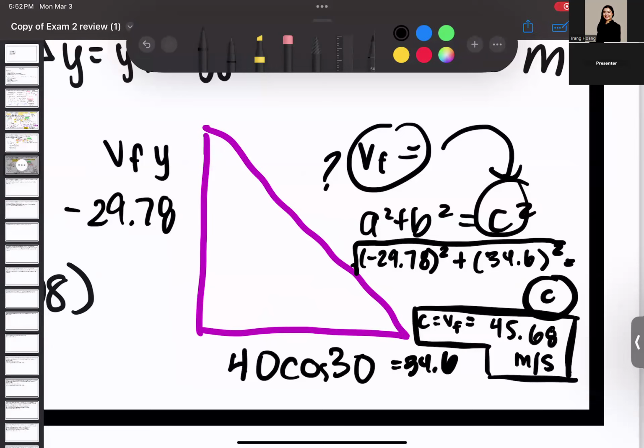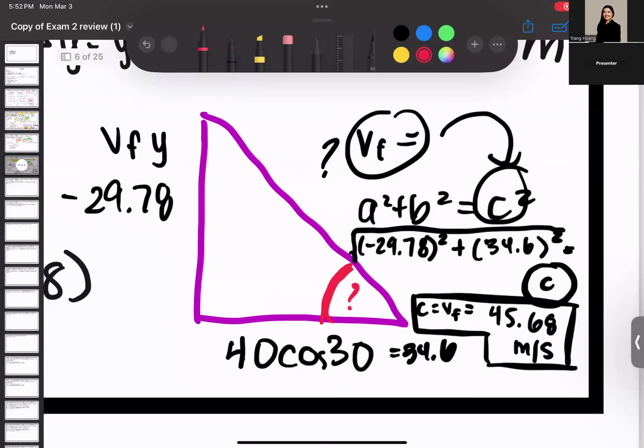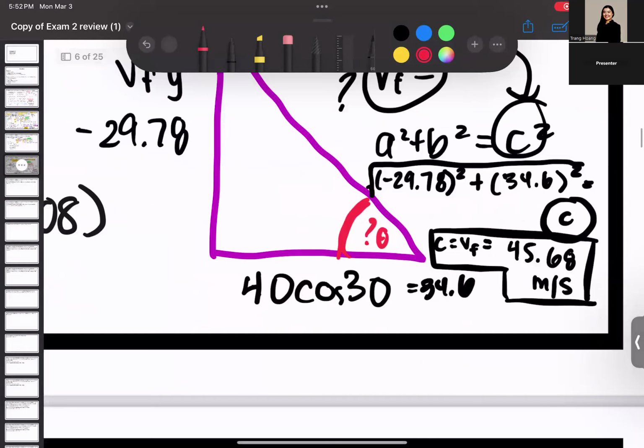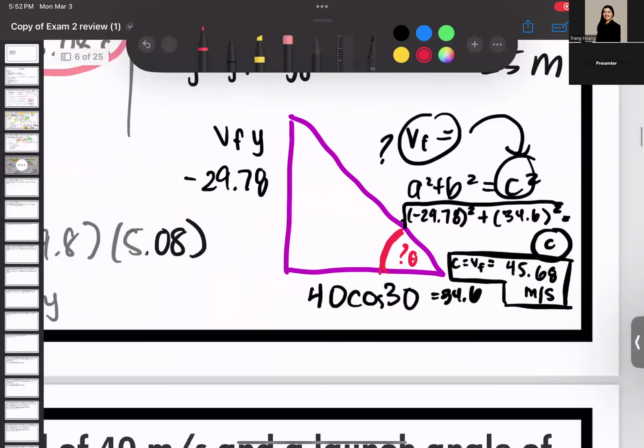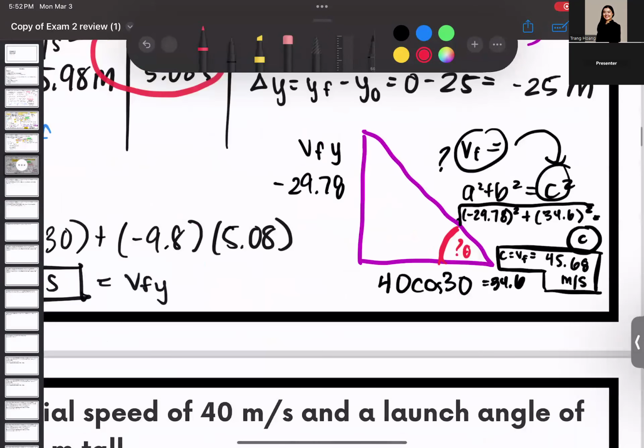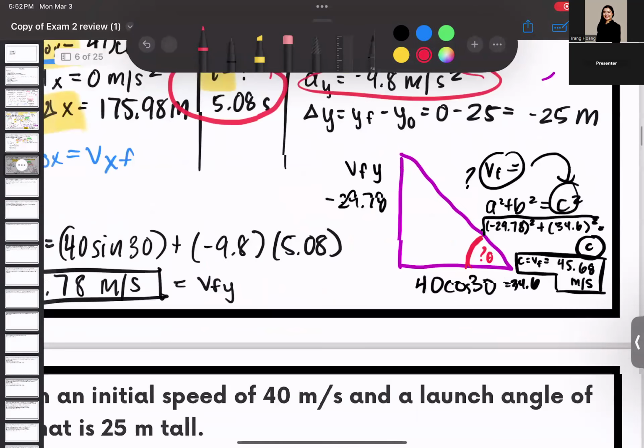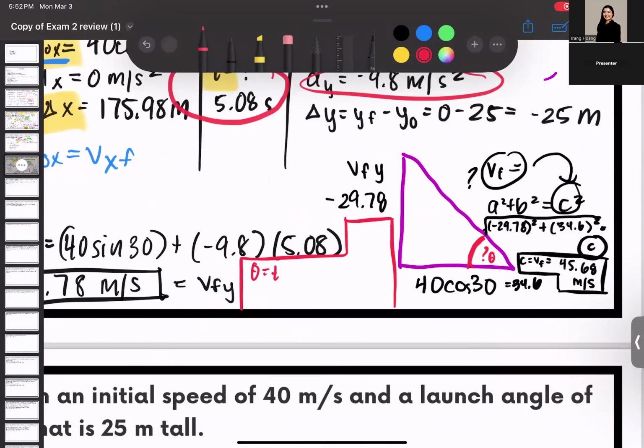No, we still need to find the direction. It is essentially this angle right here, i.e., what is this angle? And to find the angle, we're going to use inverse tangent. This formula you can also put in your sheets. Tangent is opposite over adjacent, right?